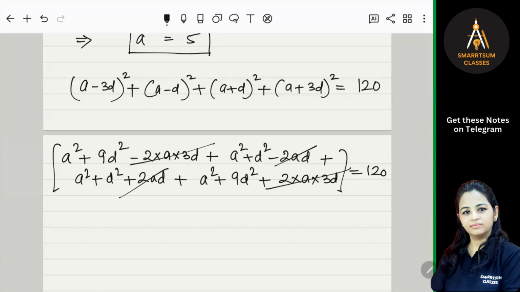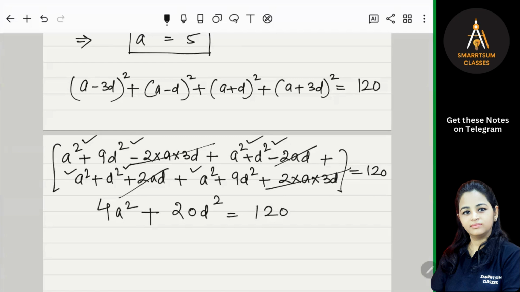Now what you are left with: a square, a square, a square, a square. So this is 4a square plus 9d square, plus d square means 10d square, one more d square, 11d square, and 9d square, that is 20d square. So this is 4a square plus 20d square is equal to 120.